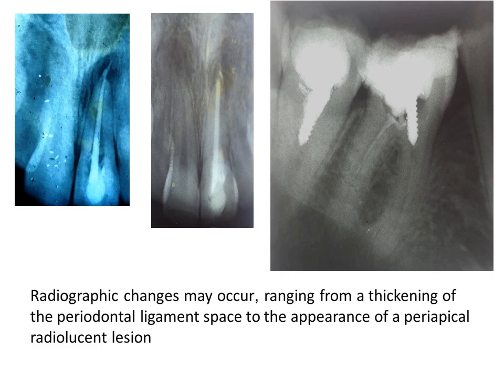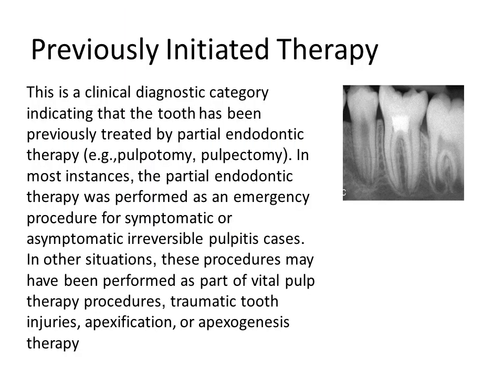In radiographs, you can see some spacing, some loss of lamina dura or some periapical changes, as in here, some radiolucent periapical area. A previously treated tooth with pulpotomy, for example, or pulpectomy, which is a partial endodontic treatment.